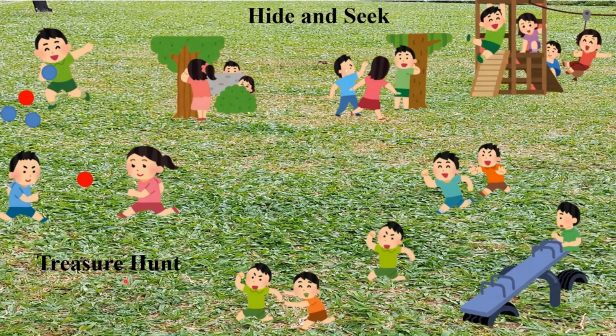In treasure hunt also, make use of all the position words you have learned so far. I hope you know what this treasure hunt is. You hide things and then ask your friends to search those things which you have hidden. You can play it in the classroom or you can even play in the house. Make use of all the position words: inside, outside, under, top, bottom, all the places, and then you can hide the things.